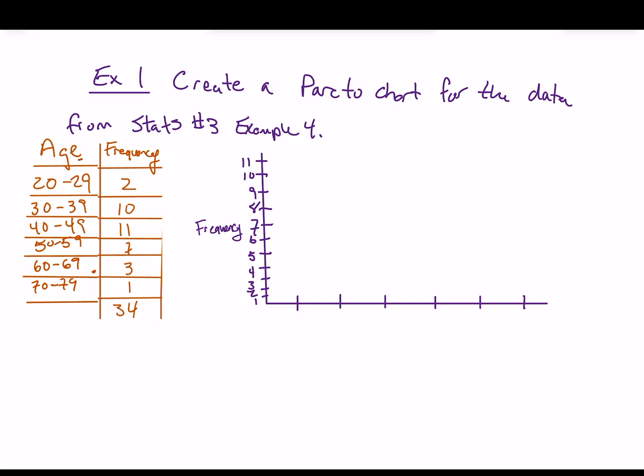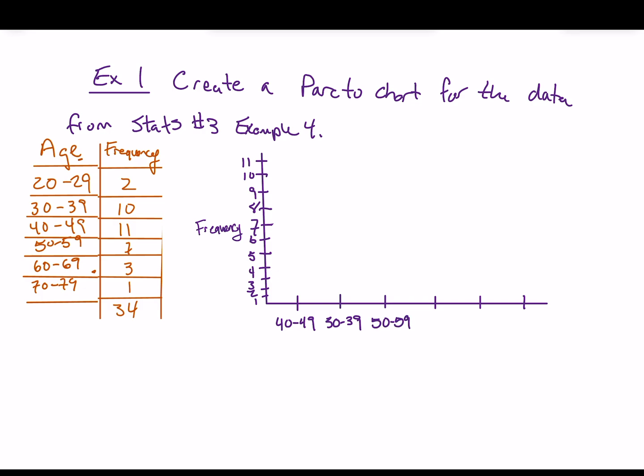For creating a Pareto chart, our various bars are going to be from highest to lowest. So we need to figure out the age ranges from highest to lowest. So we can order those. The biggest one looks like it's 40 to 49 because there are 11 there. And then 30 to 39 because there are 10 there.